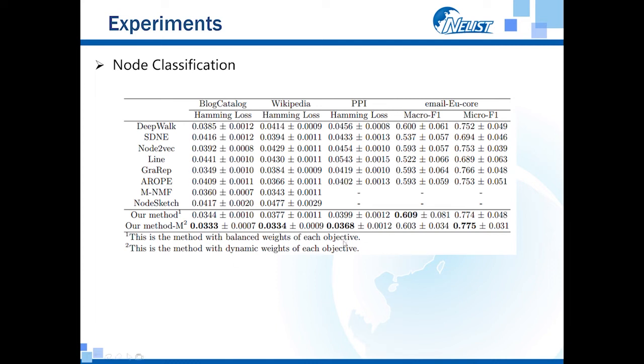Our method provides competitive results in multi-label and single-label node classification tasks, and it shows that our method with MGDA is always superior to the other methods. This also demonstrates that the dynamic weights of multi-objective can help optimize the effect of the node classification.